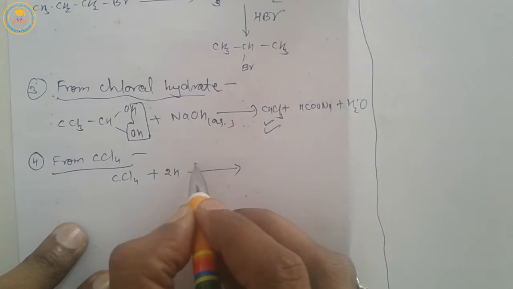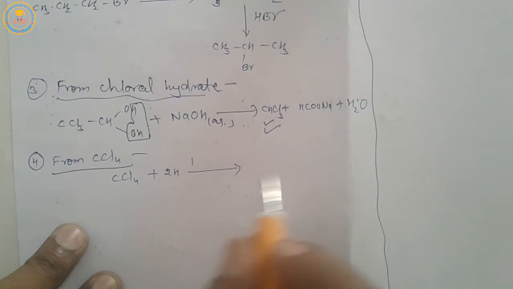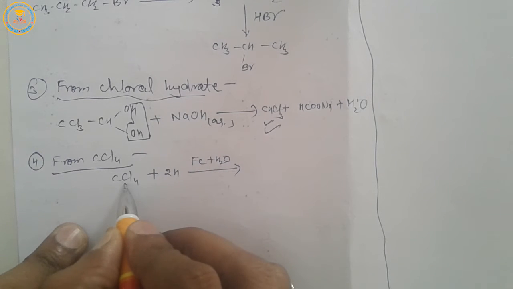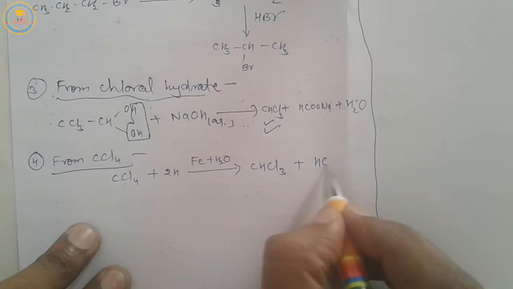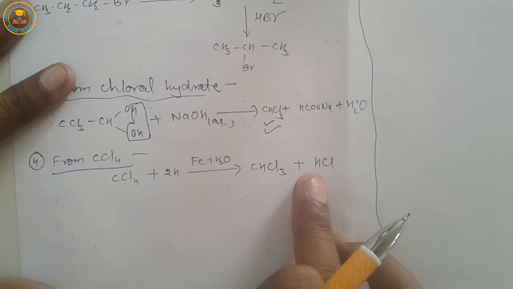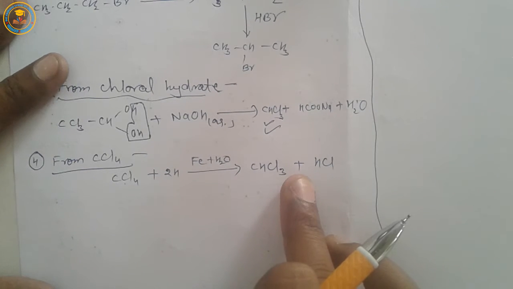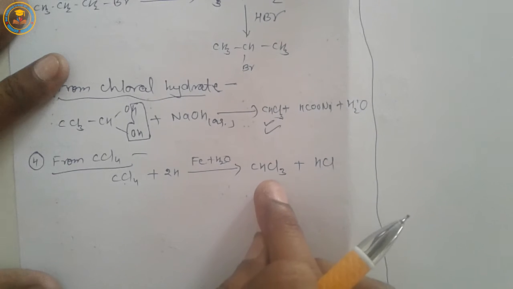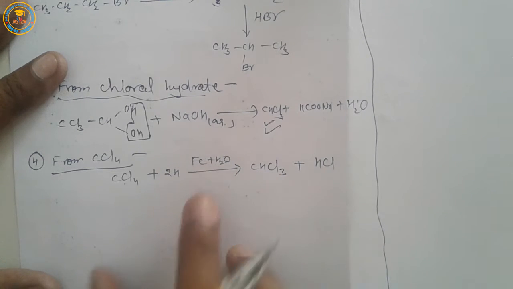After reduction, CCl4 is converted into chloroform. The process is partial reduction. So, I repeat, by partial reduction of CCl4, chloroform is formed. Here, the reducing mixture is Fe plus H2O.